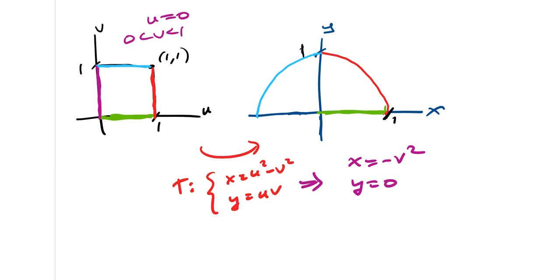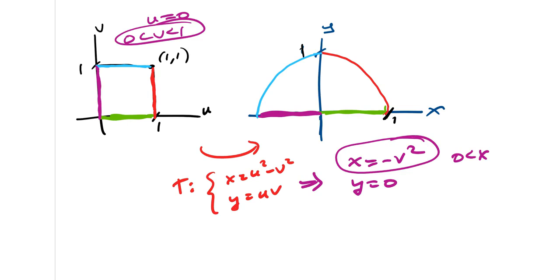Right, so we're going to be on the x-axis, and since v ranges between 0 and 1, x ranges between 0 and negative 1. So that would be the line in magenta that I drew on the graph. It's this one right here.